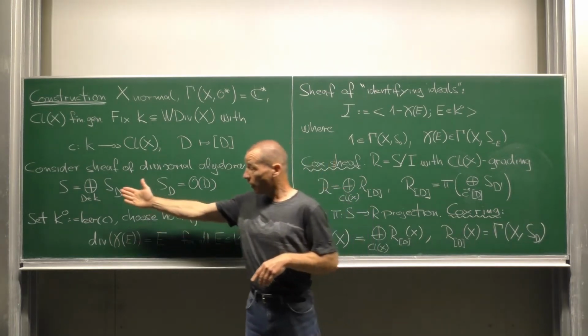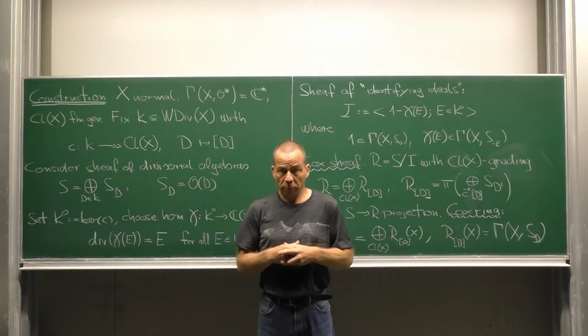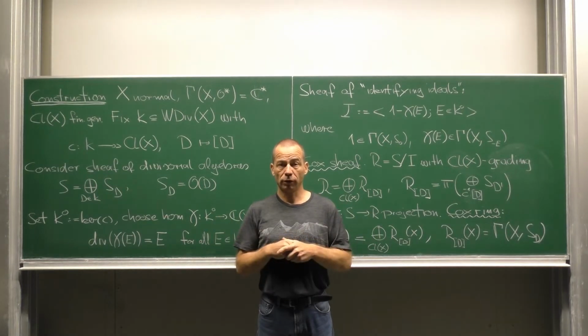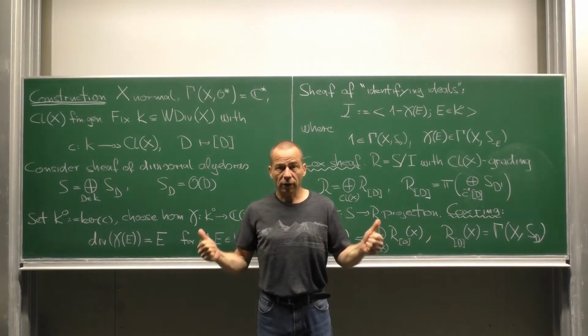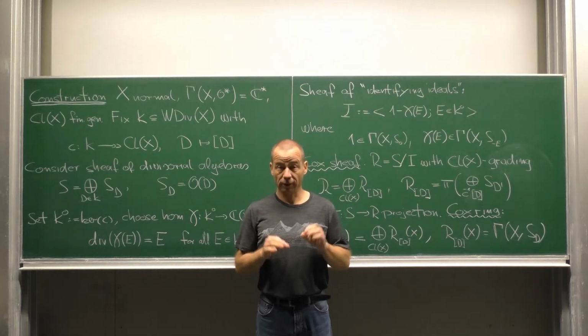In this case, our sheaf S is too big in the sense that it has isomorphic homogeneous components. And the idea is to identify these isomorphic homogeneous components of S in a systematic way.